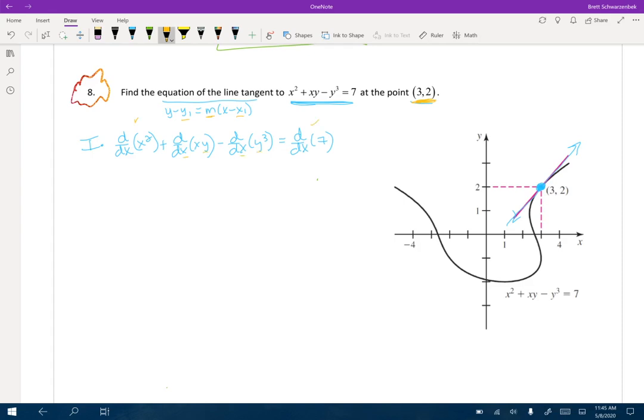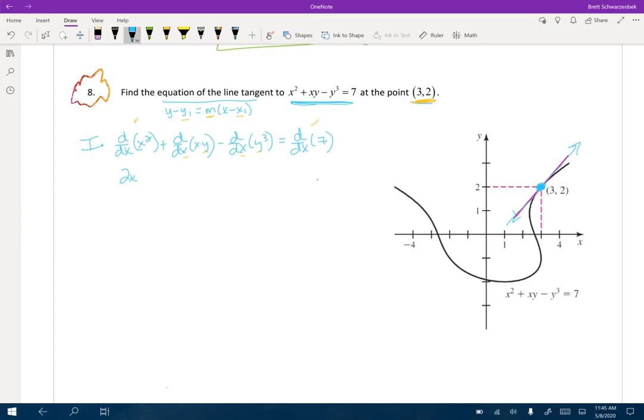So let's do that. The derivative of x squared is 2x, super easy. But the derivative with respect to x of xy is a very big issue. Why? Let me just put a dot in here. That is x times y, which means you're taking the derivative of a what? What's the big P word that's jumping out of your head, hopefully?